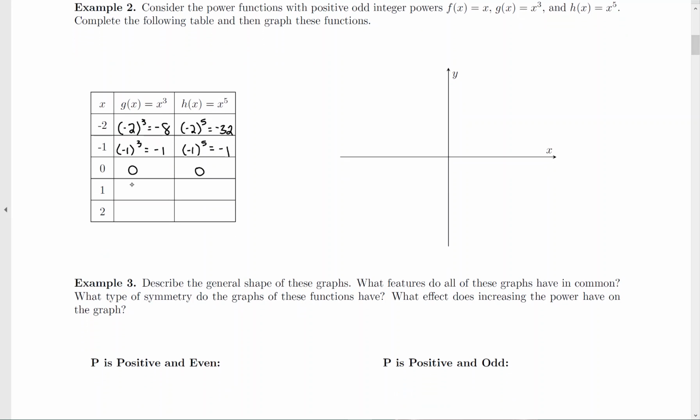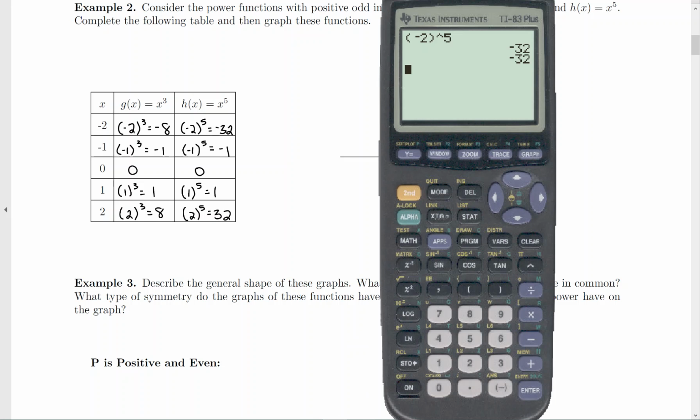If I plug in +1 and cube it, I'm going to end up with 1. 1 to the fifth power is going to give me 1, and then do the 2. 2 to the third, 8, 2 to the fifth, +32.